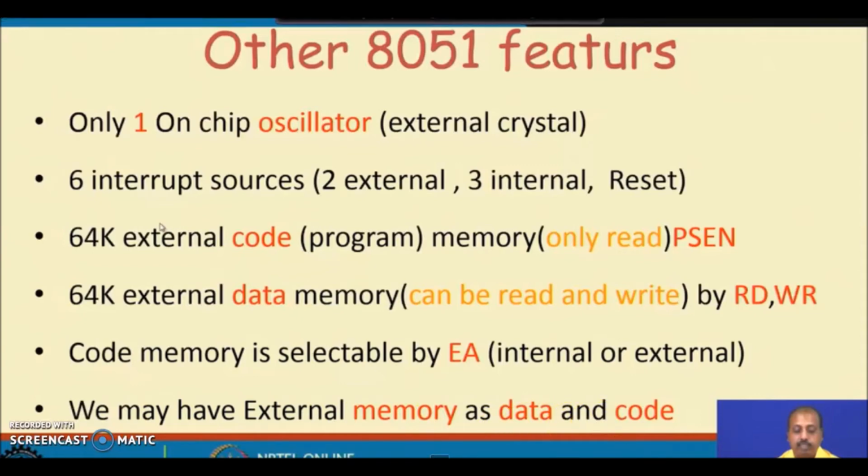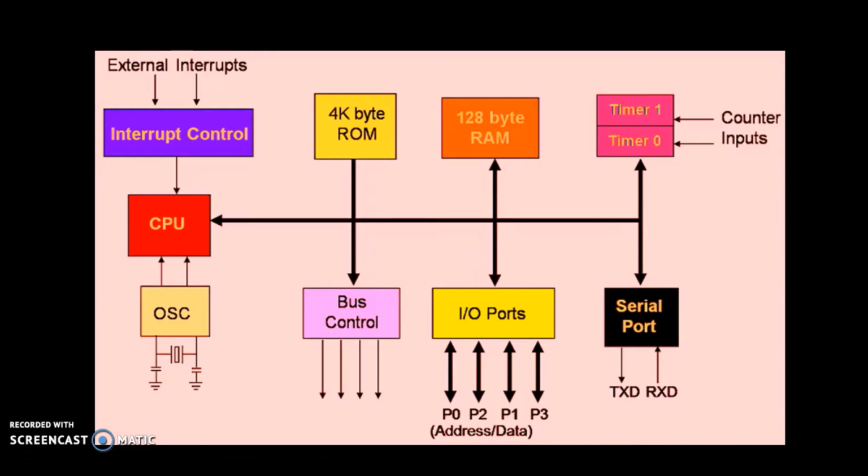So we'll see a few more features of the 8051 series. So 8051 has an 8-bit CPU. Most of the microcontrollers in the 8051 family have 256 bytes of on-chip RAM which acts as the data memory. But in the case of 8051, what we have is 128 bytes of RAM.